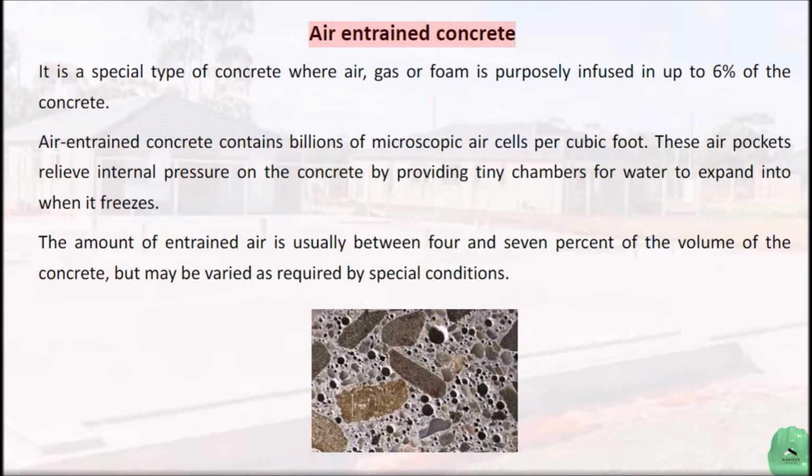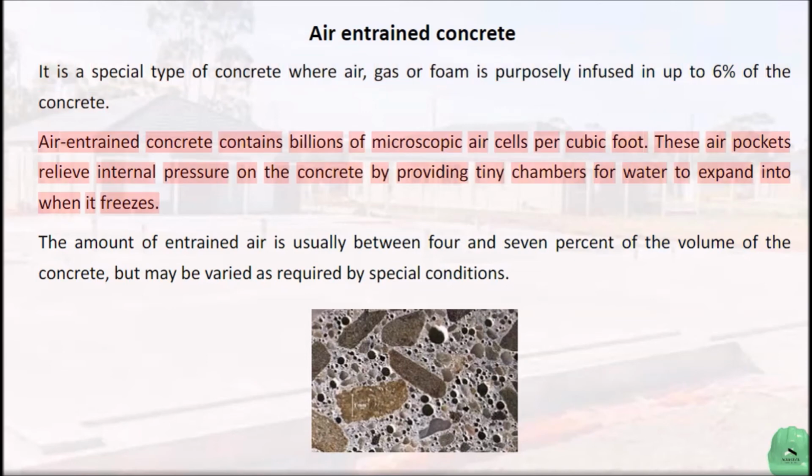Air-entrained concrete. It is a special type of concrete where air, gas, or foam is purposely infused in up to 6% of the concrete. Air-entrained concrete contains billions of microscopic air cells per cubic foot.